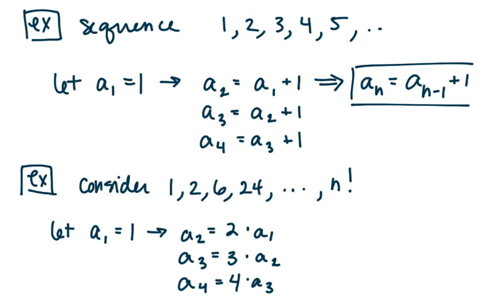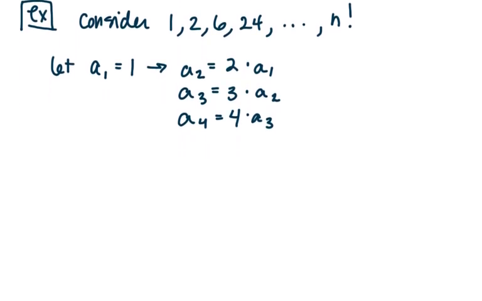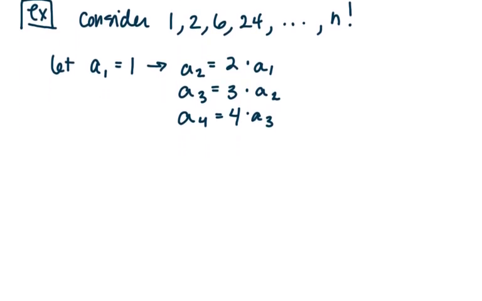It's easier when we look at this with larger numbers. This is my fourth term. A sub 3 was found by doing 3 times 2 times 1. So 4 times 3 times 2 times 1 is 4 factorial. Okay?